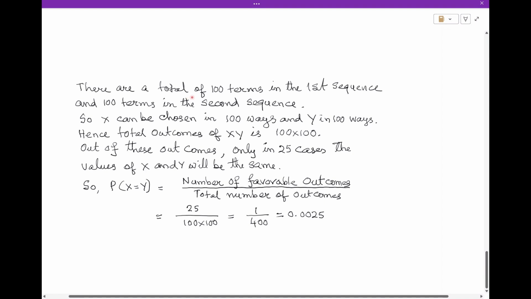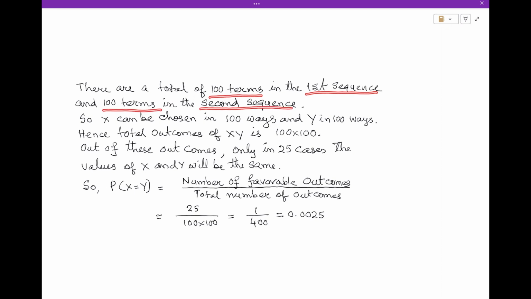There are a total of 100 terms in the first sequence and 100 terms in the second sequence. Therefore, x can be chosen in 100 ways and y can also be chosen in 100 ways. Therefore, the total outcomes of x, y will be 100 multiplied by 100. Out of these outcomes, only in 25 cases will the values of x and y be the same.